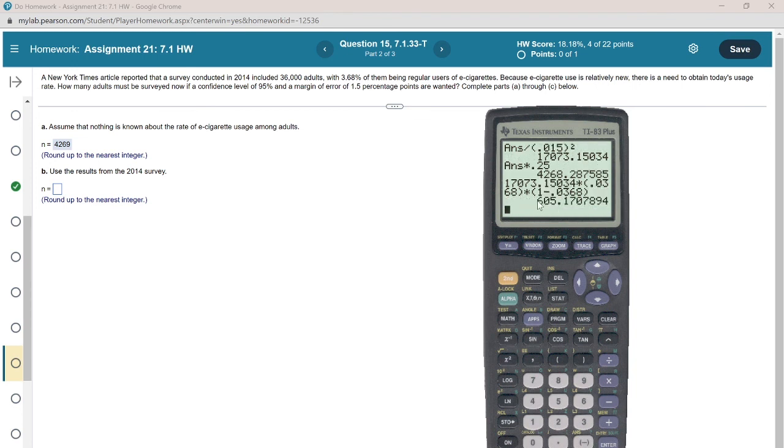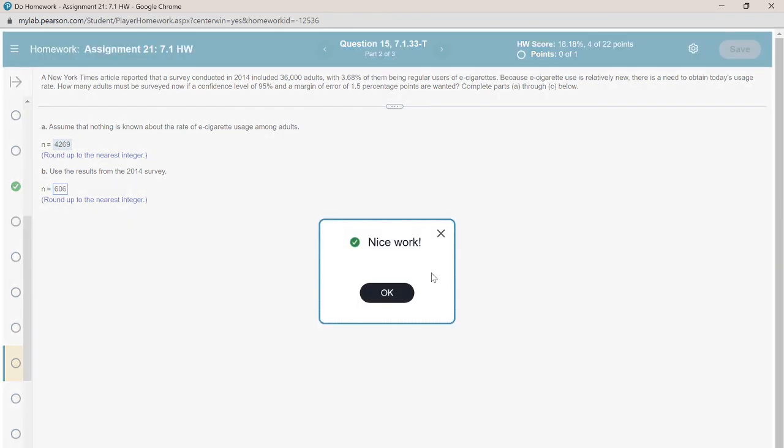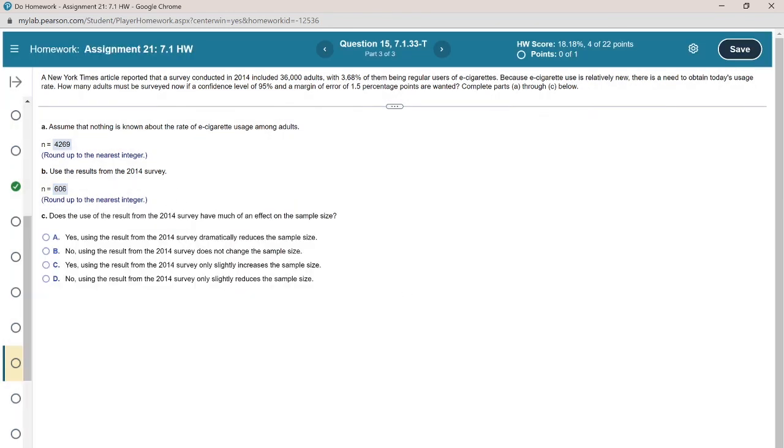So that gives us 605 point something. If you round it to the next integer, it would be 606. So as you can see here, without prior estimation, the sample size needed is 4269, and with prior estimation the sample size needed is only 606.